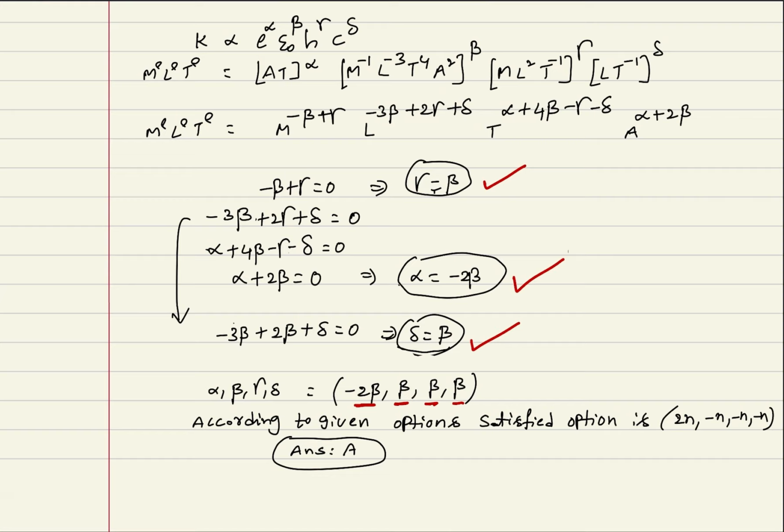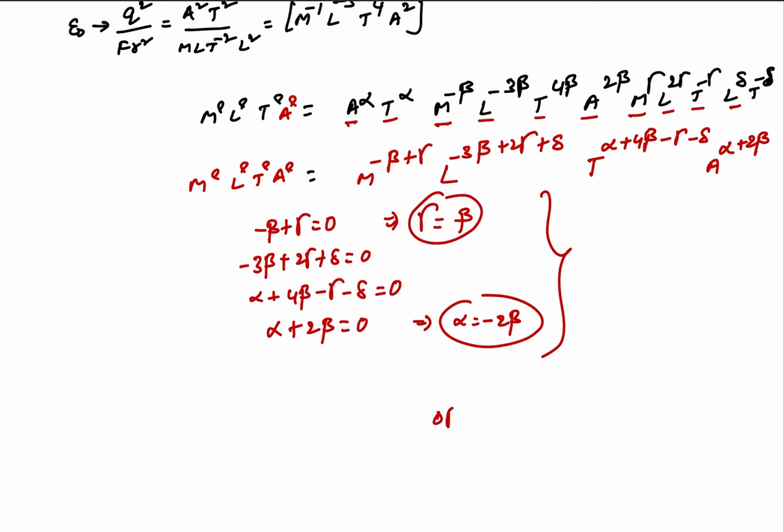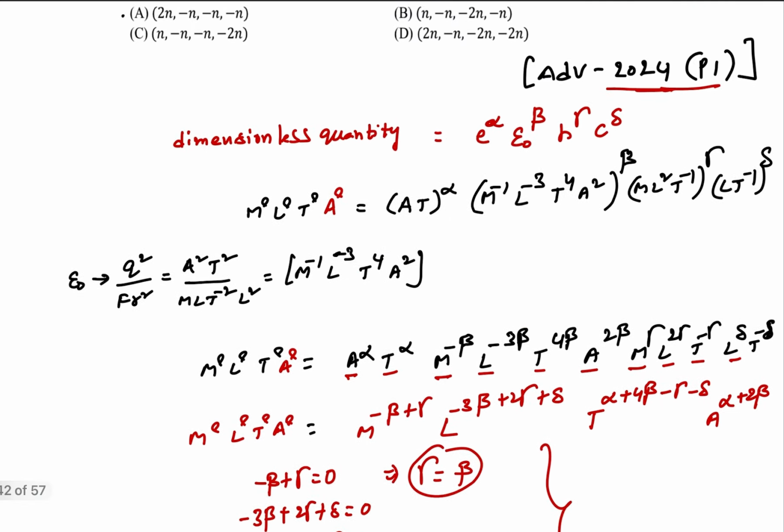My minus 2n term is not there as the first term. If beta is any non-zero number, you can get the values 2n, minus n, minus n, minus n. So this satisfies the equation. So you can write option A.